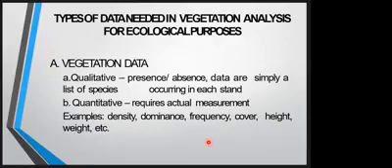So okay, going back, the types of data needed in vegetation analysis for ecological purposes is first, of course, the vegetation data. It consists of qualitative and quantitative. For qualitative, only the presence or absence is simply needed in that data.